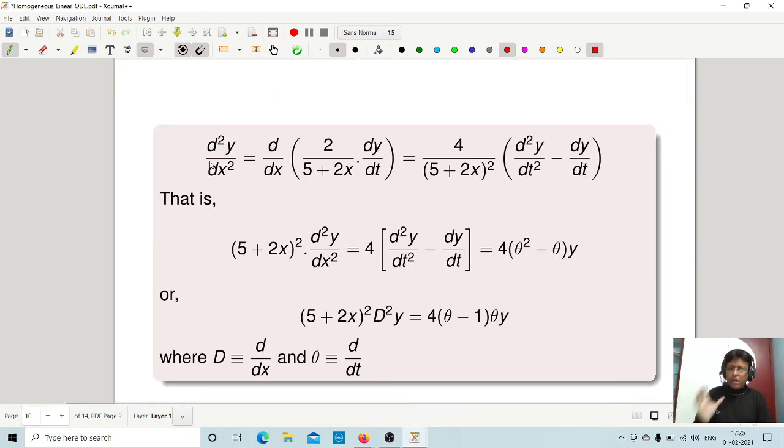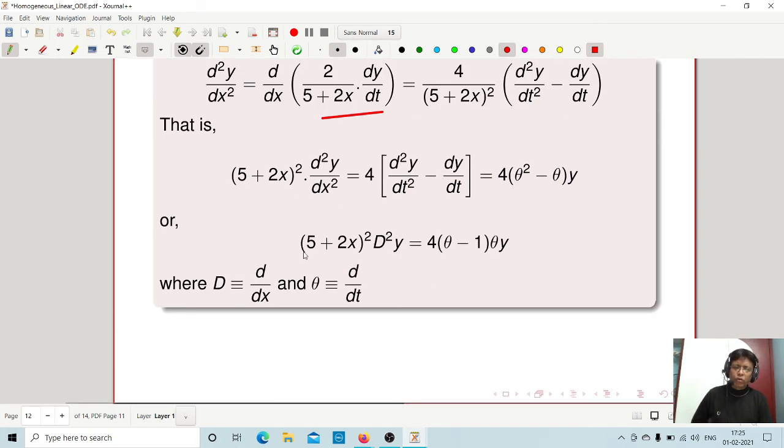Now you have to learn about the second order, how to calculate the second order derivative, that is d2y/dx2, that is d/dx of this. And you can check the calculation will be 4 by (5 plus 2x) whole square times (d2y/dt2 minus dy/dt). Again, if you take the cross multiplication, that will be (5 plus 2x) whole square d2y/dx2 equals 4 times (theta squared minus theta) into y.